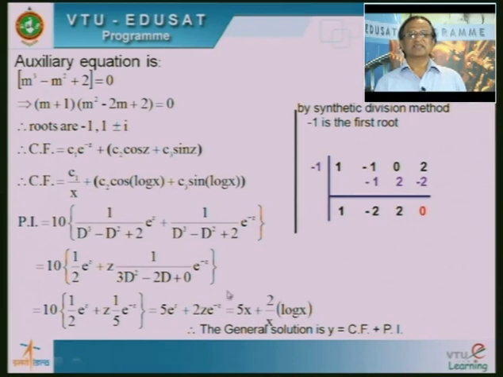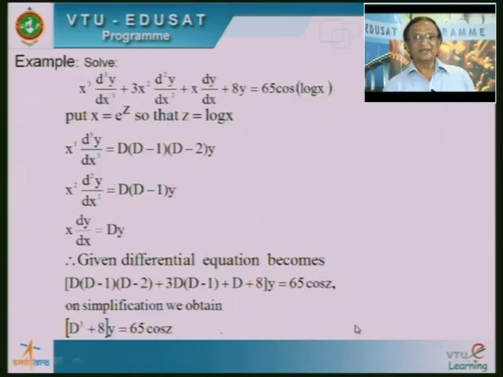This is the particular integral of the given non-homogeneous equation. Therefore, the general solution can be written in the form of complementary function plus particular integral. So, now we have obtained the complete solution of the given differential equation.